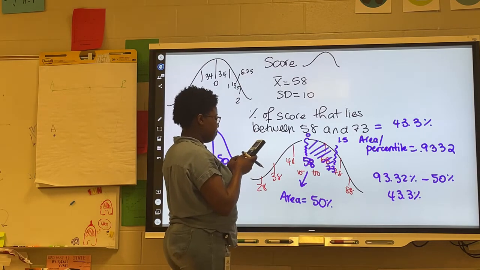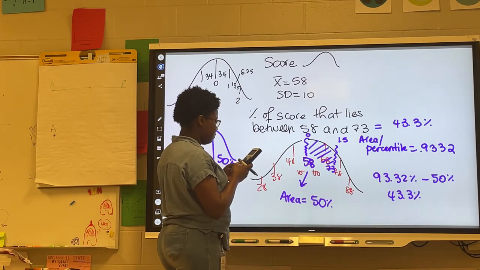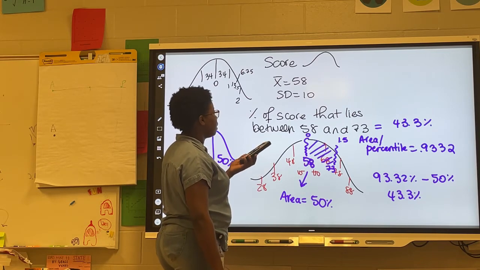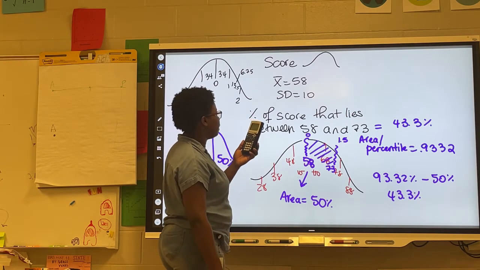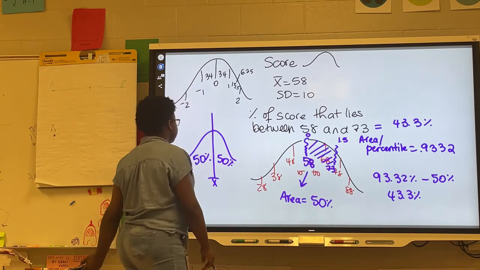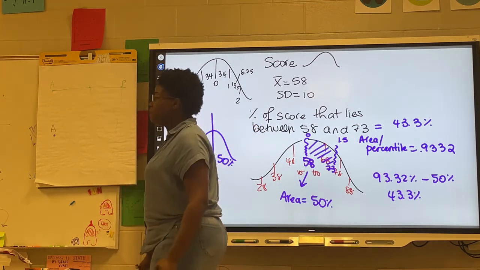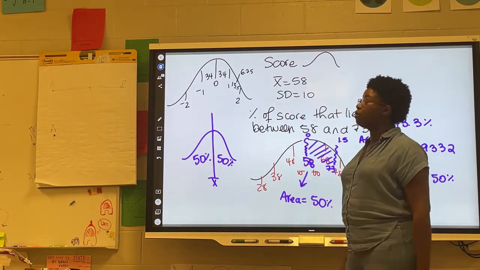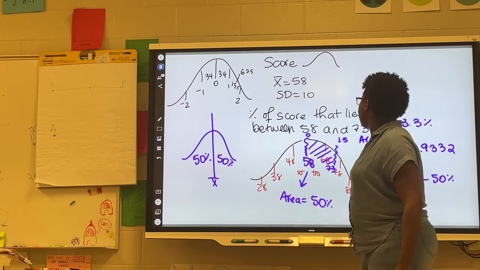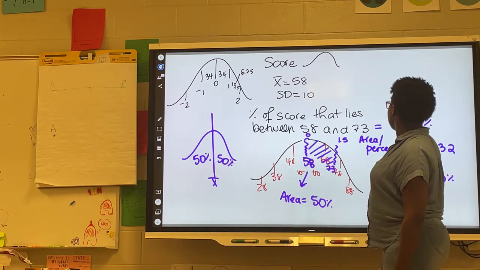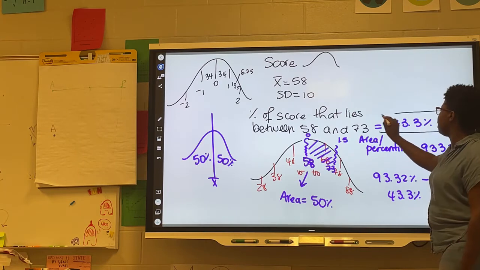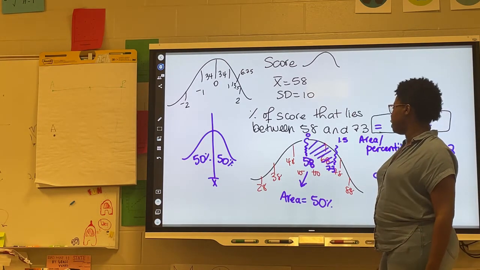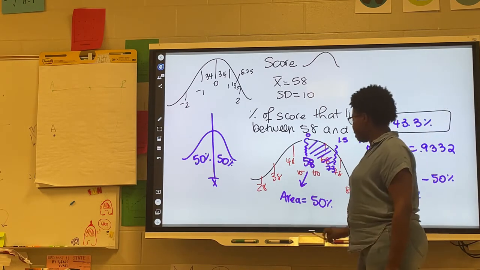So if I add 34 plus 6.75, that should almost give me the same percentage as what I got there. In this case, it would be 40.75. But because this is basically an approximation, you realize that your answer won't be spot on. Using your z-table, your answer came out to be 43.3% of your data lying between 58 and 73.